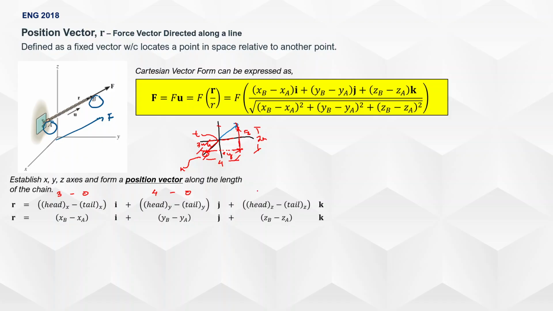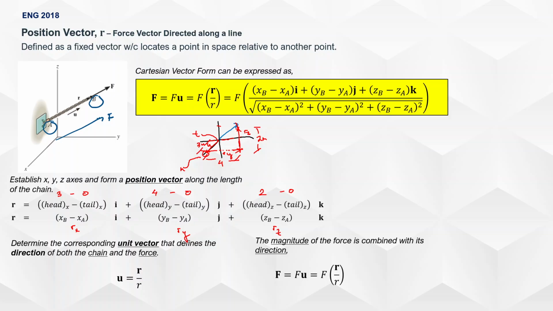So, gano'n siya tinaas. So, that will be 2 minus 0. And that represents yung Rx, Ry, Rz. Okay?